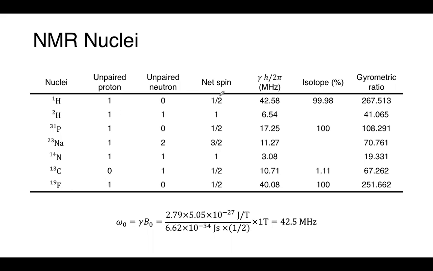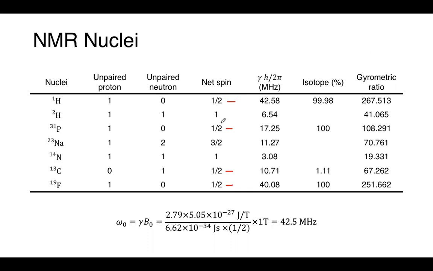So the ones here with half integer spins are the ones which are going to be the most useful in our NMR experiments. These are the most common: hydrogen, phosphorus, carbon-13, and fluorine. These are the four which are measured most routinely.